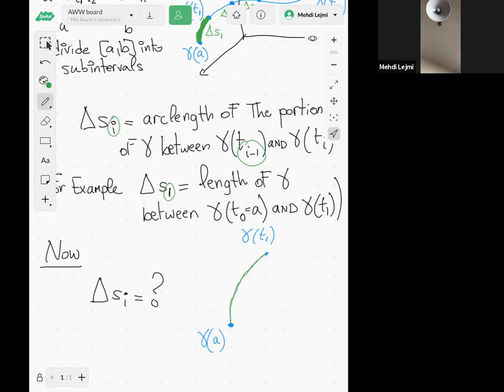That's a problem. So the idea is to try to divide this portion into very small portions. So like here, etc. Now these are small portions.